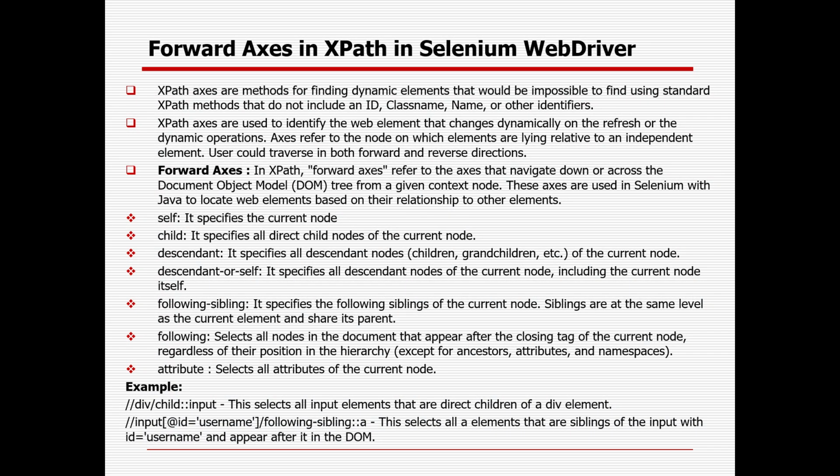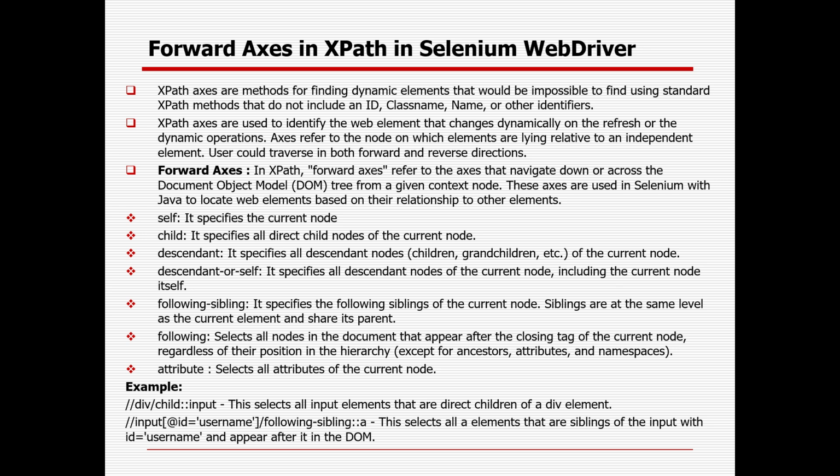Child specifies all direct child nodes of the current node. Descendant specifies all descendant nodes, children and grandchildren, of the current node. Whereas descendant-or-self specifies all descendant nodes of the current node, including the current node itself.